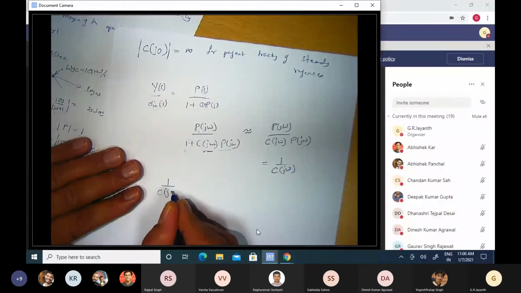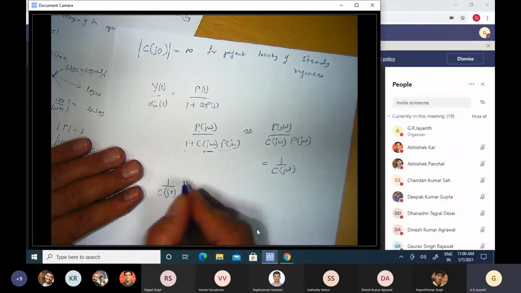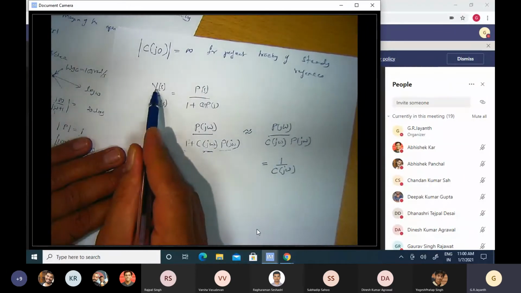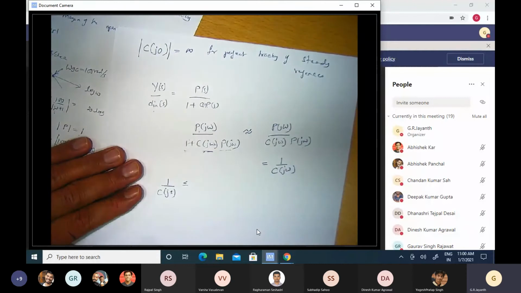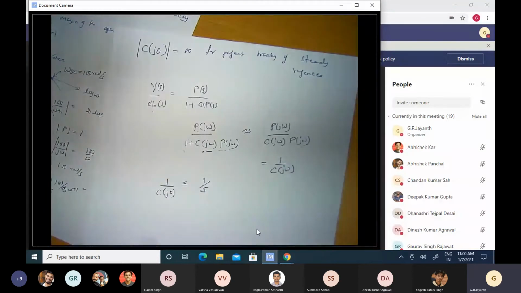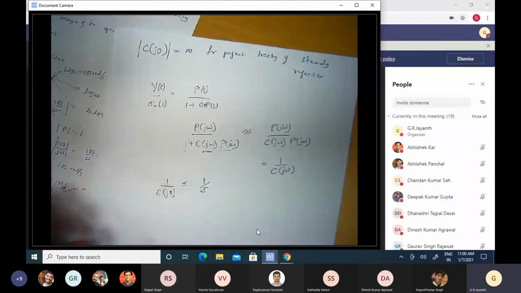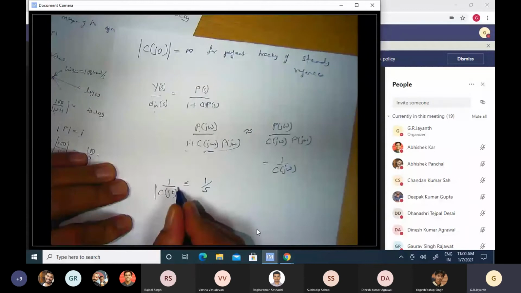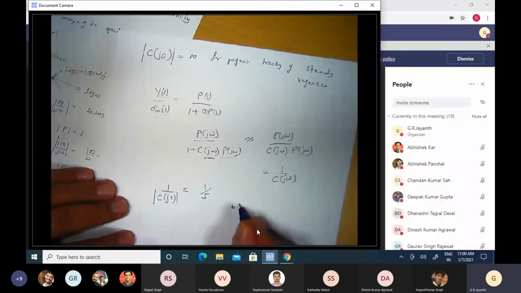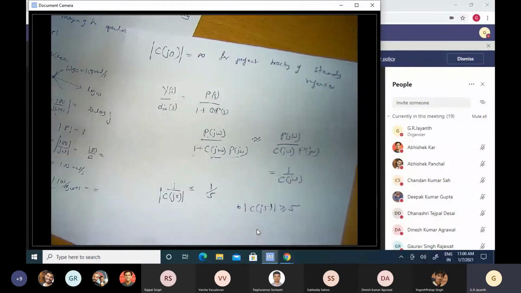So at 5 radians per second, 1 by C of j5 should be such that there is an 80% attenuation. So the ratio of output to input should be less than or equal to 1 by 5, 20%. So the magnitude of C of j5 should be greater than or equal to 5 units.